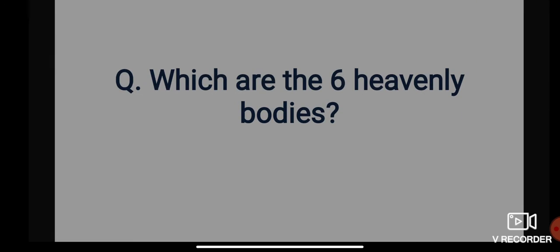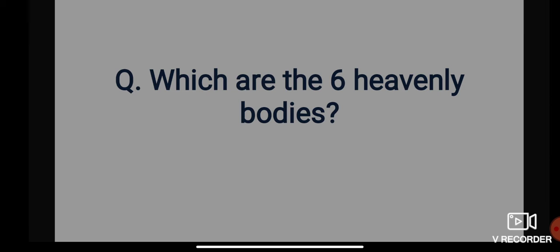All right. So which are the six heavenly bodies? What according to you are the six heavenly bodies? The six heavenly bodies are comets, planets, moon, asteroid, meteorites, and stars, which include the sun.